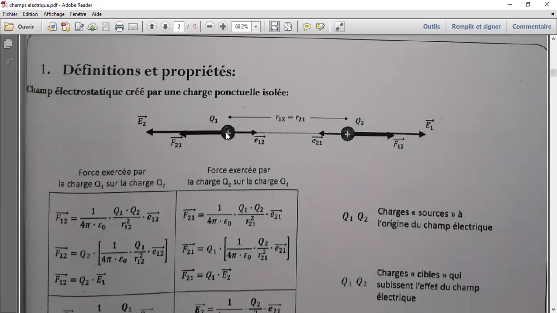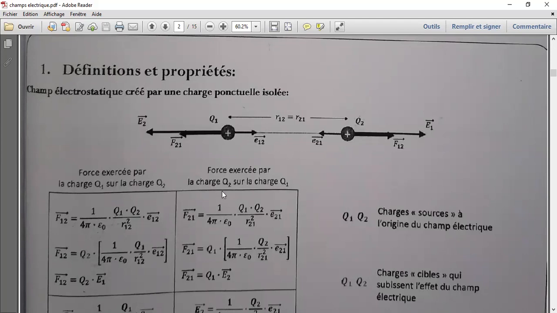So what happens? When Q1 is exerting a force on Q2, the direction of this force is defined by a vector 1 to 2, meaning it's moving from Q1 to what?